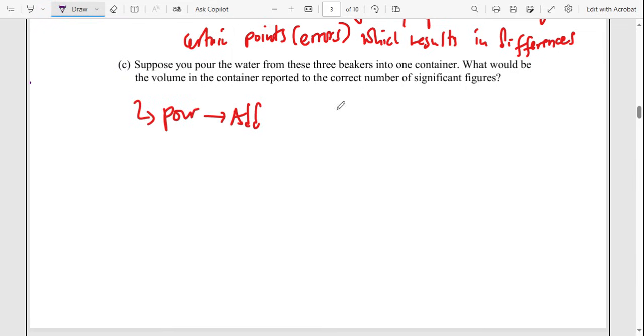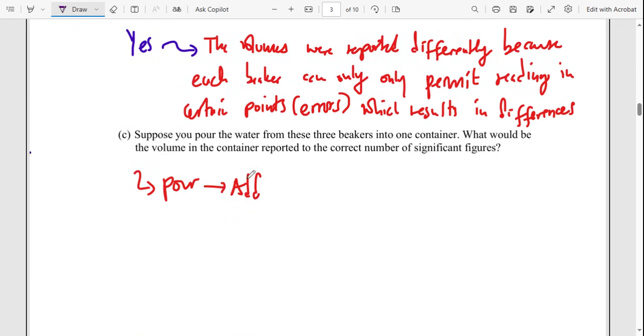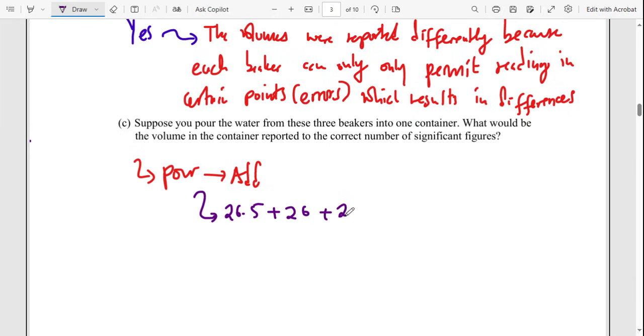The first value that we have found is 26.5. So this is going to be 26.5. Second one is just a 26. The third one is 26.425. Okay, let's sum up these values.